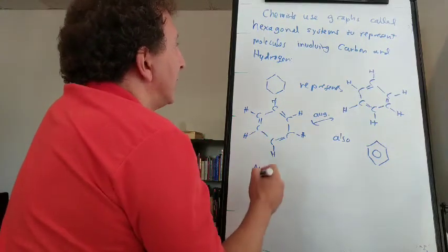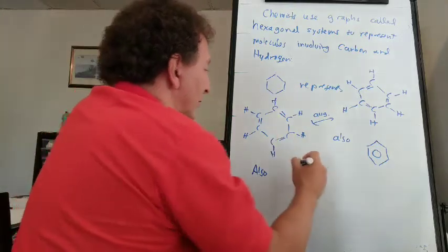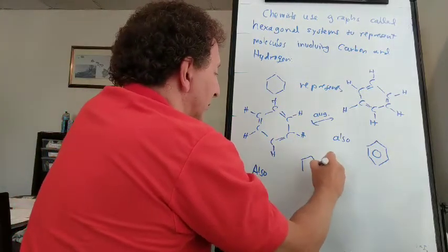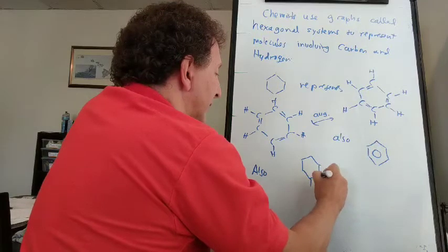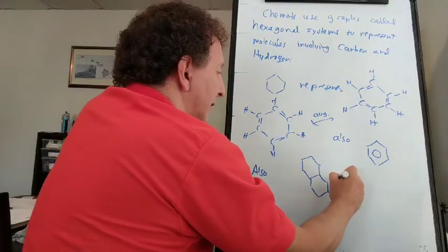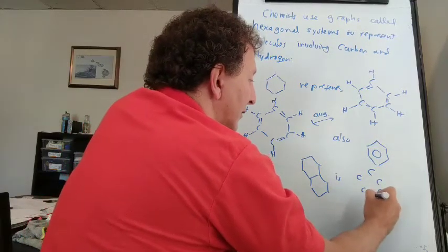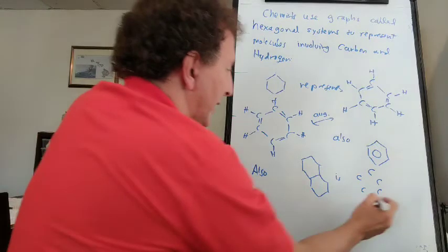Now, the hexagonal system isn't necessarily just one hexagon, it could be several. And the hexagons can share edges. So this represents 2 hexagons of carbon atoms.